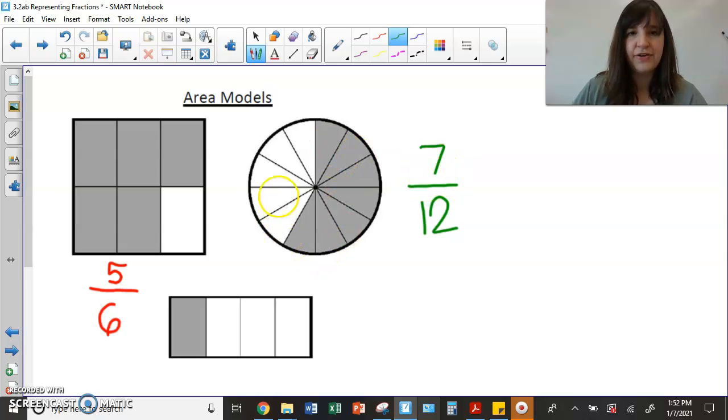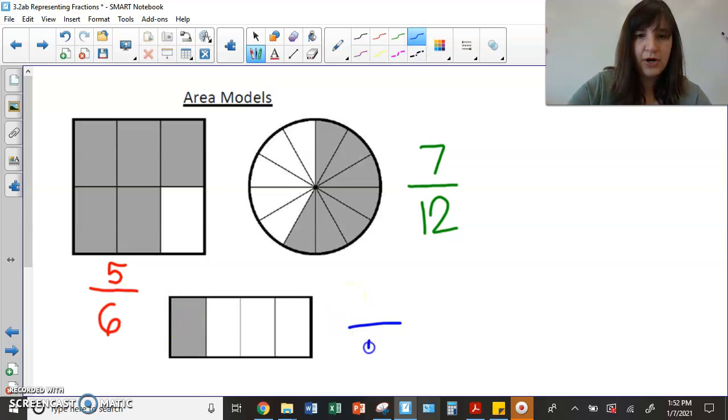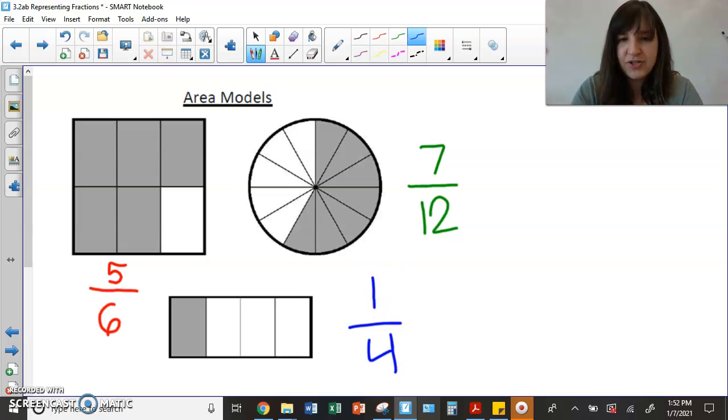So I have 7 out of 12, so 7/12. And then this rectangle down here, there are 4 equal parts, and one of them is shaded in. So this fraction would be 1/4. My 1 would be in my numerator, and my 4 would be in my denominator.